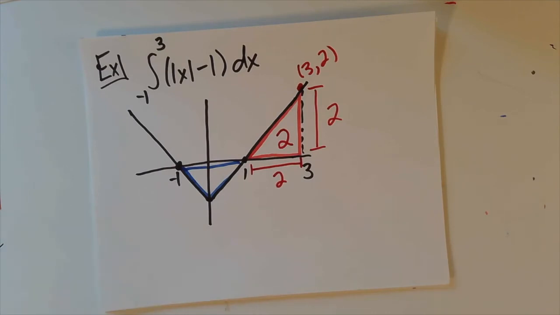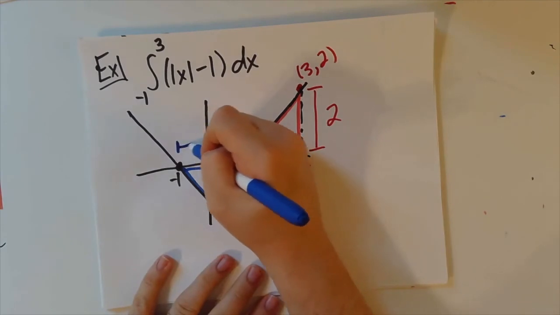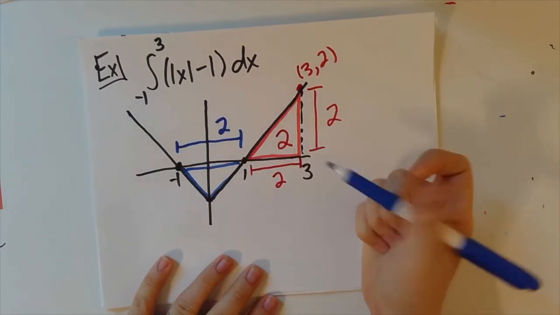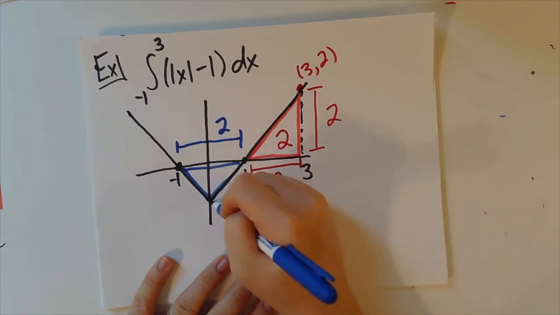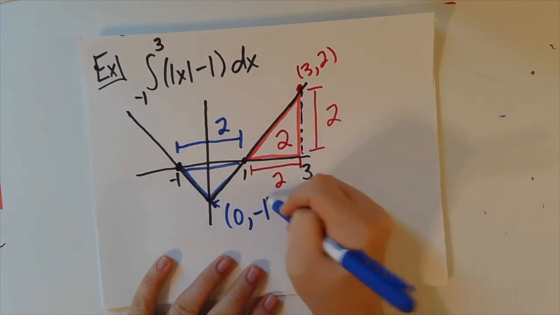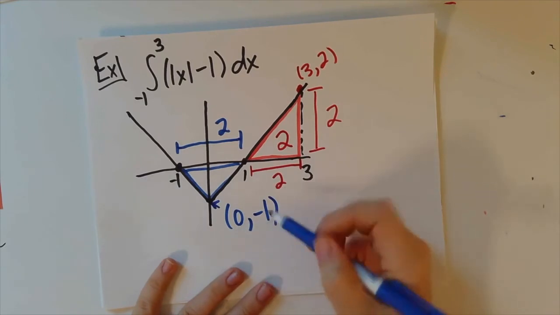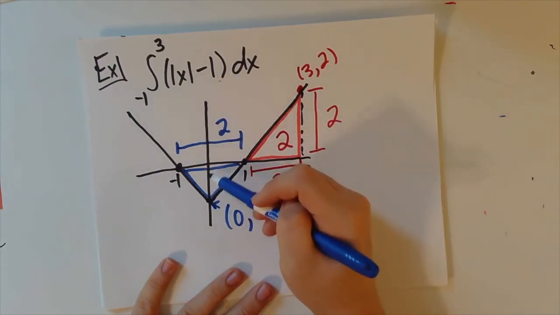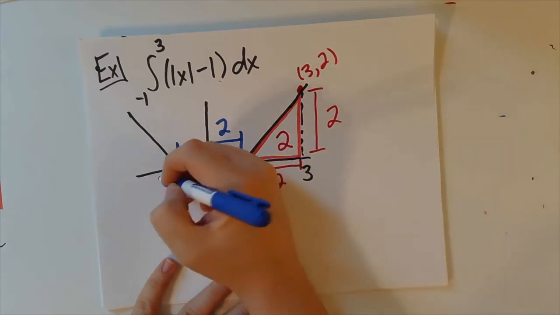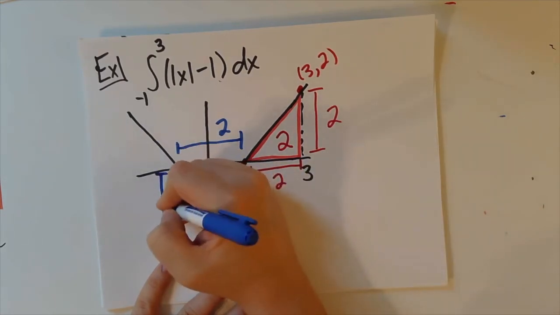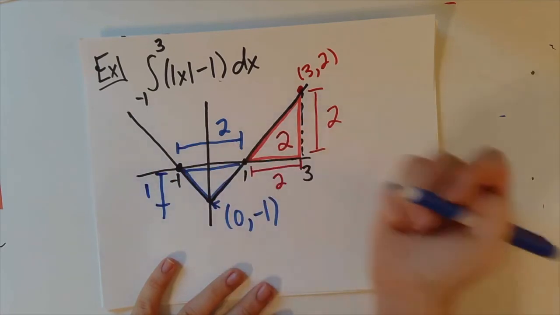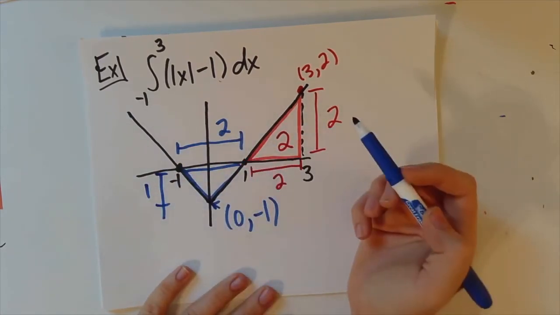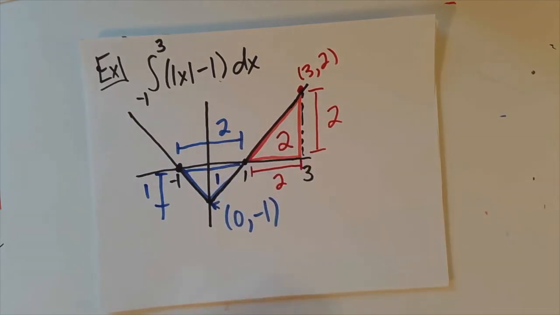Likewise, this triangle is 2 wide. And this point here is 0 minus 1. Again, I'm getting that just by plugging this into this function. So this triangle has height 1. I'll label that off to the side since there's not really room over there. Height 1. So the area here is 1/2 of 1 times 2, which is 1.